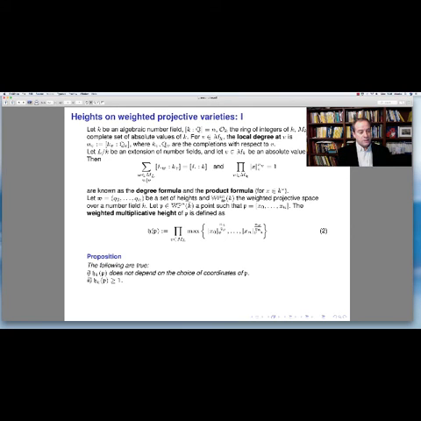Surprisingly, everything works out. This height defined this way does not depend on the choice of coordinates of P, so it is well defined. It is bigger or equal to 1.